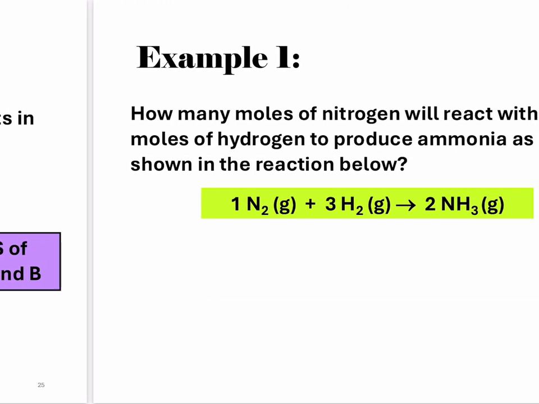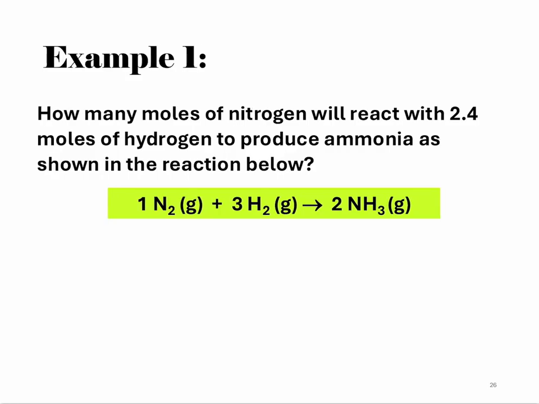Okay, so here we have the same chemical equation we had before. And this is the way these types of questions will usually be asked. They're asked usually in a chemical context, not just what is the mass of this given this much. They'll say, how many moles of nitrogen will react with 2.4 moles of hydrogen to produce ammonia as shown in the reaction below?